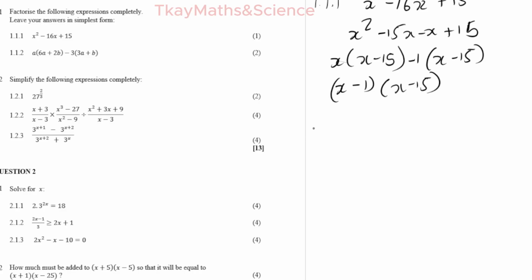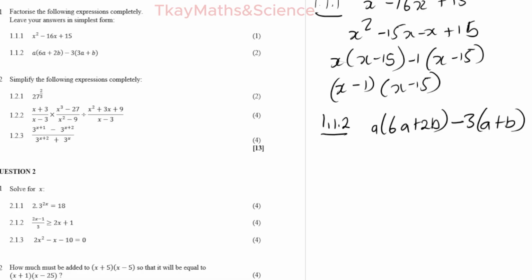We're gonna go to 1.1.2. Okay, so this is 1.1.1, 1.1.2. So what do we do with the second question? All right, so the question is, it's given this bracket plus 2b, minus 3, that is a plus b.